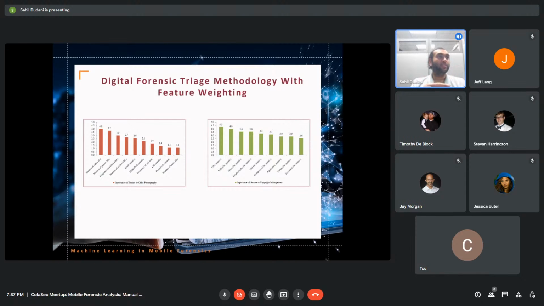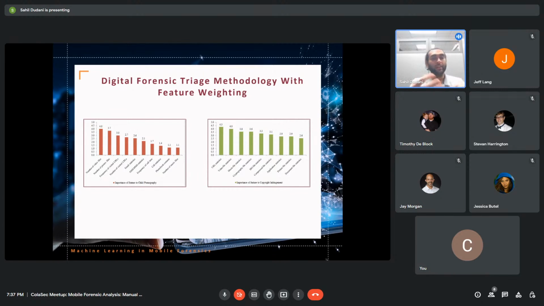In the case of cryptocurrency, copyright infringement and child exploitation, the expertise required from the investigator would be different. So domain knowledge is very important, and if you do not have enough domain knowledge, or if there are new things coming out in the market that you don't know about, that's where the problem lies.